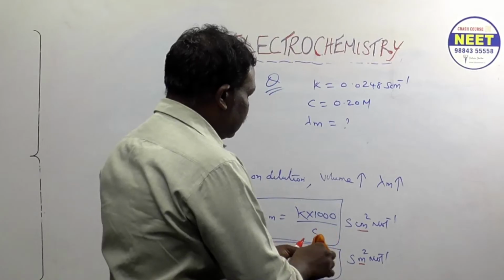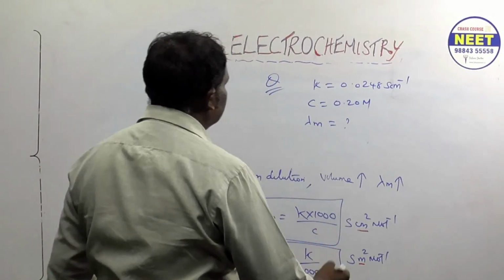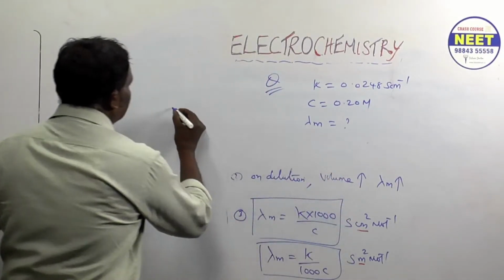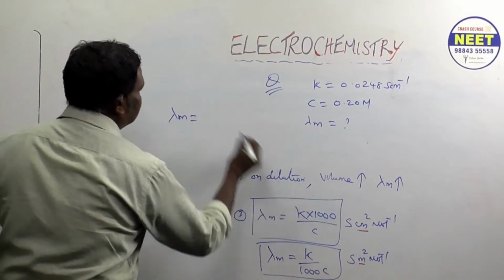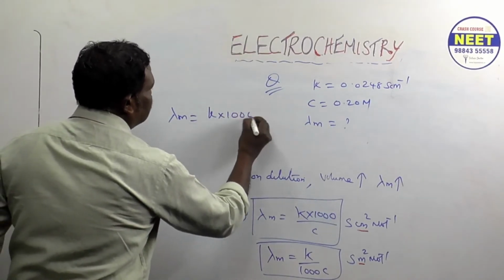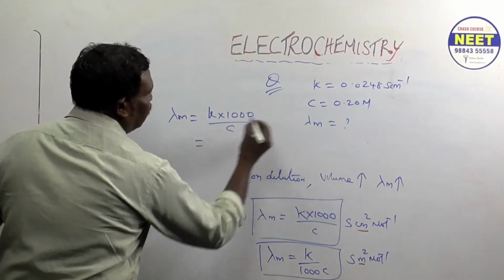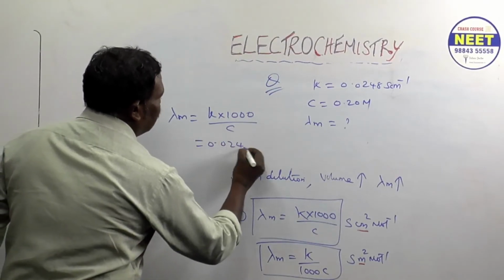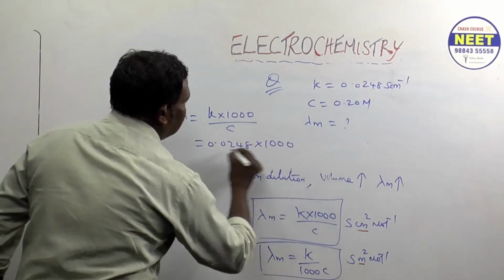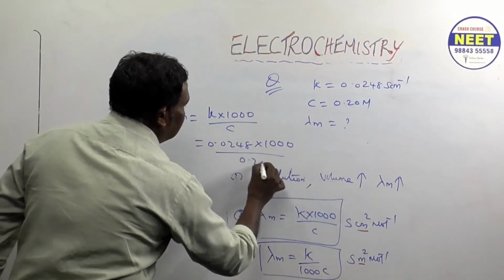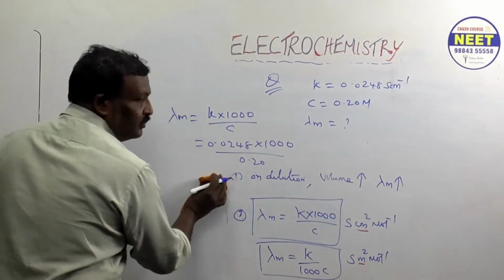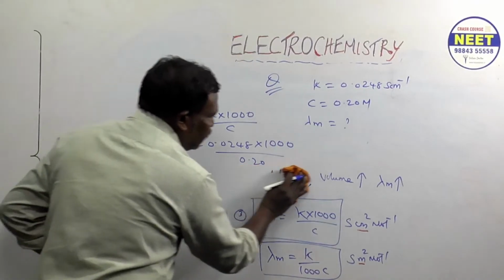So how to solve this? Lambda m is equal to kappa into 1000 by C. Kappa is given, 0.0248 into 1000 by C, which is 0.20. Understood? Written? Okay, simple.